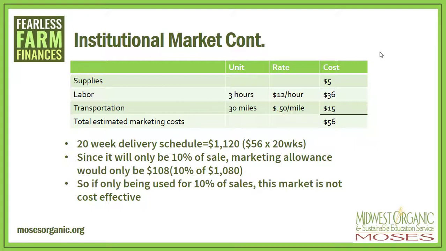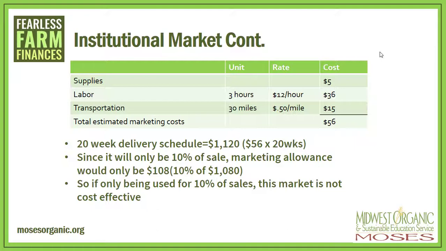Total marketing costs. Since it would only be 10% of your total sales, you would take 10% of the total that you had factored, 1,080, or a total of 108. So 108 would be what you have allocated.